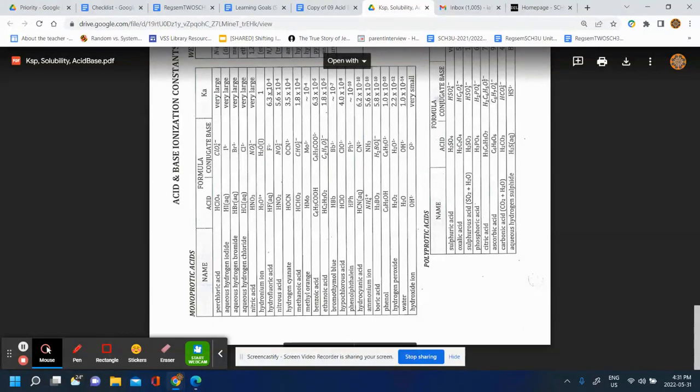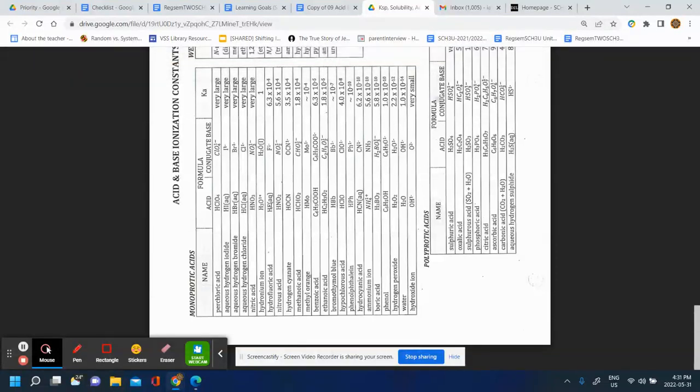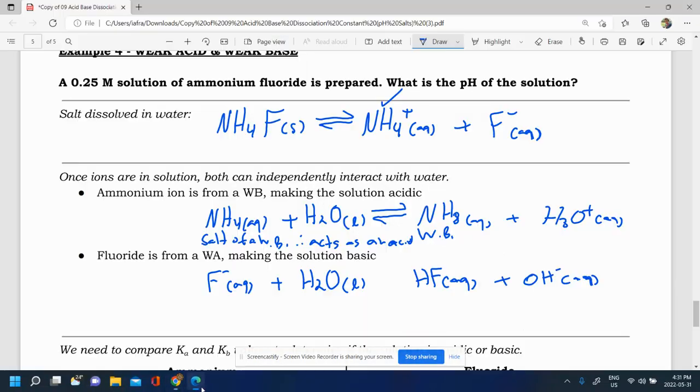It's 6.3 times 10 to the power of negative 4. So hydrofluoric acid is actually a weak acid, not a strong acid. So it's a big misconception. So this is a weak acid, and F- is the salt of a weak acid, therefore it acts as a base.